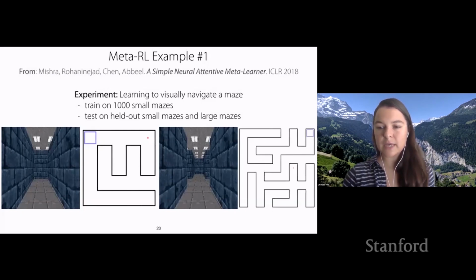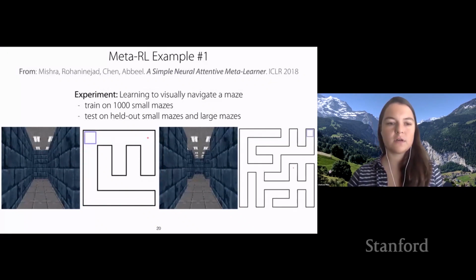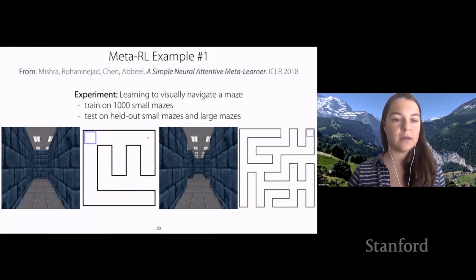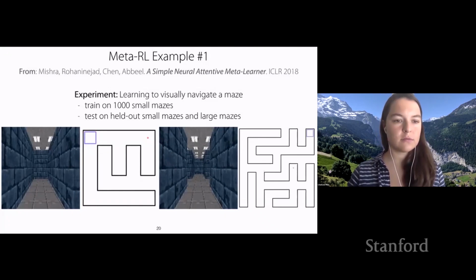Someone is asking, what is the reward like? The distance at each point and the time from the goal. The reward in this case, I believe, was a sparse reward, where you received a positive reward when you were at the goal position, and either 0 or a small negative reward if you're not at the goal position.